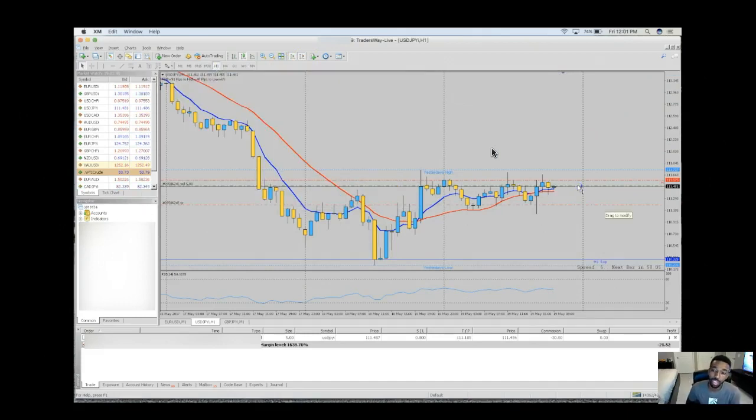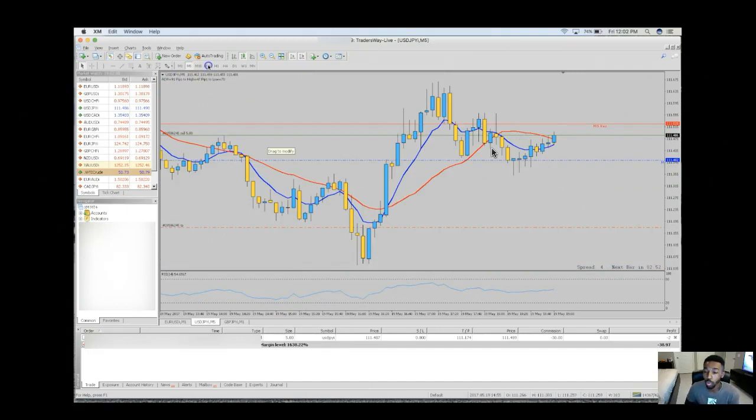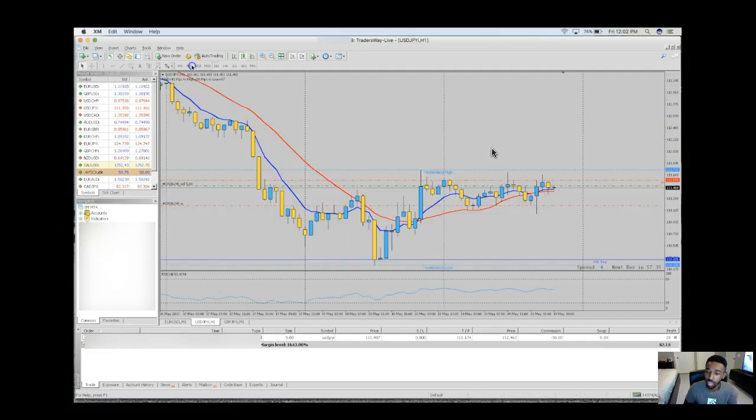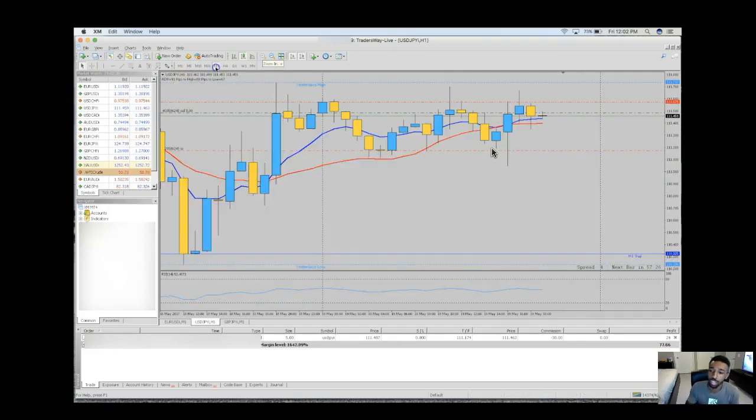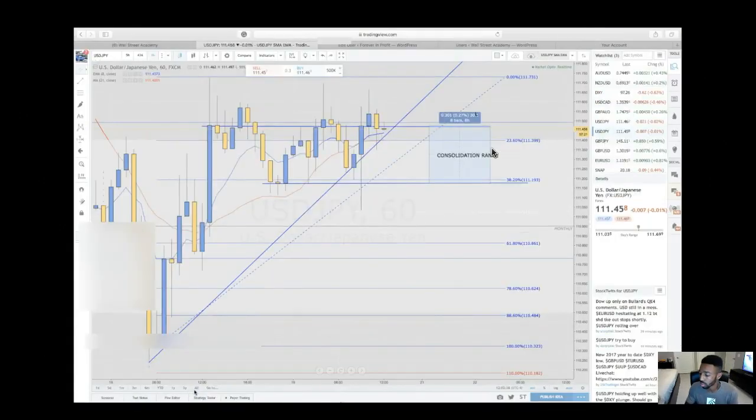Remember, this order right here did actually hit TP fully overall, but I did close over 20 pips. I think it was 21 pips actually for this order, or something like that. But it was over $1,000 though. Actually, let me check right now.